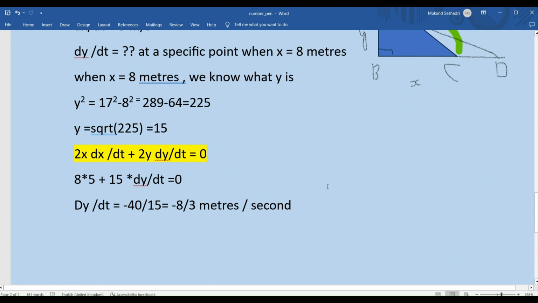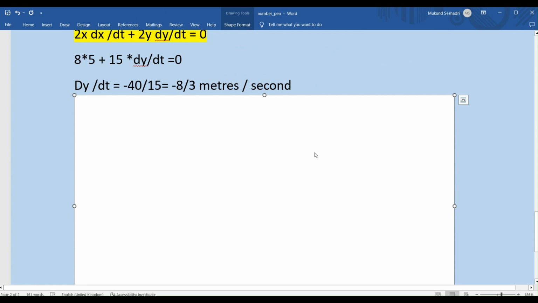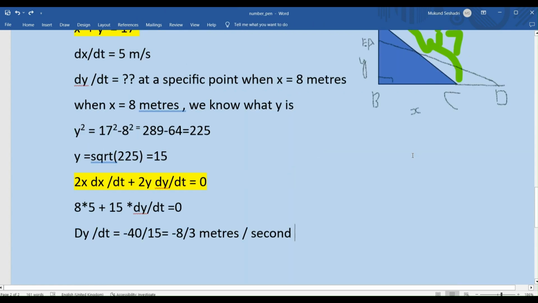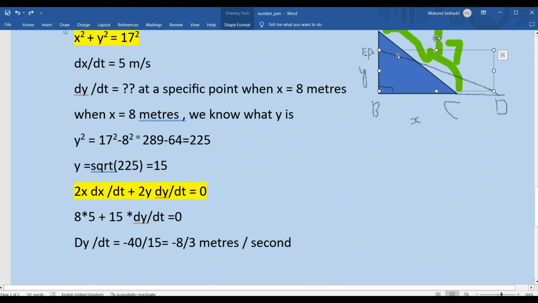Let me see if I can stick to the same picture here. We've been asked to find dA by dt, right?